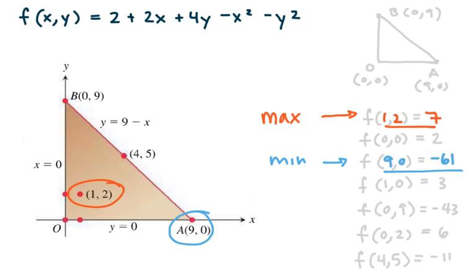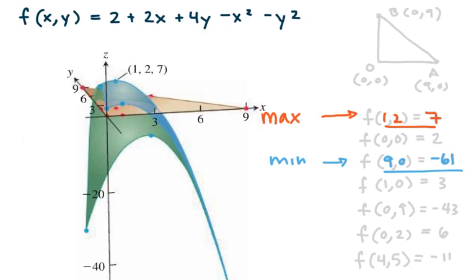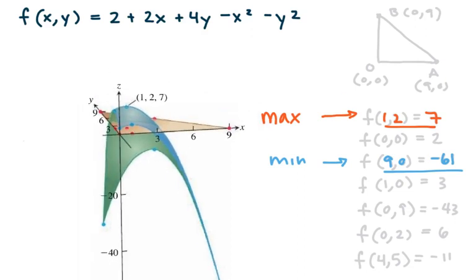So in 3D, what we can see here, this blue being the top and the green being the underside, there's my surface, that's my function. And we said we were only going to look at pieces of this surface that were inside this triangular region.